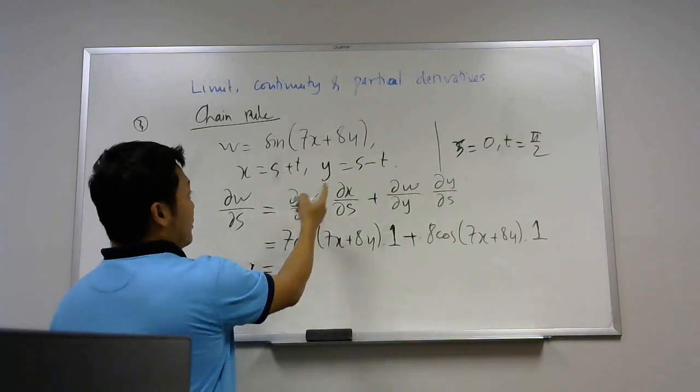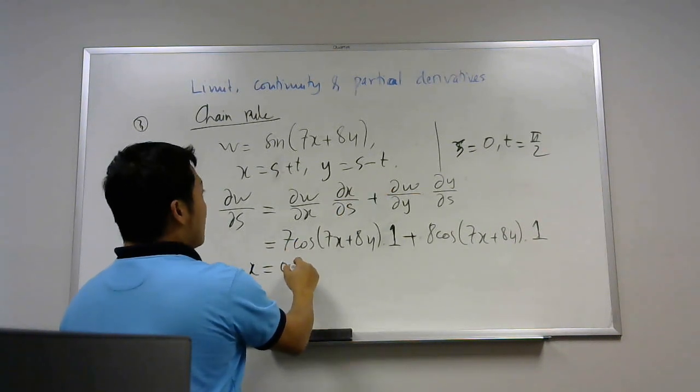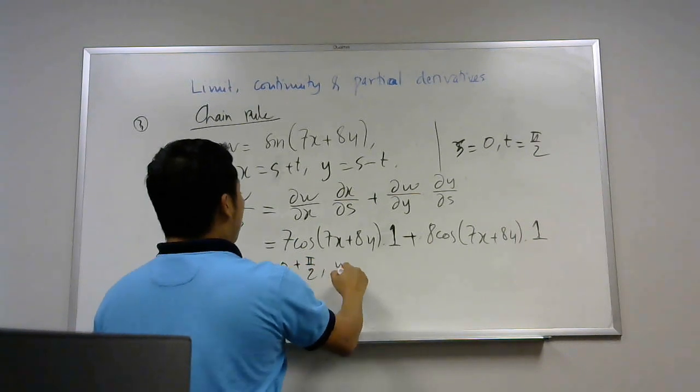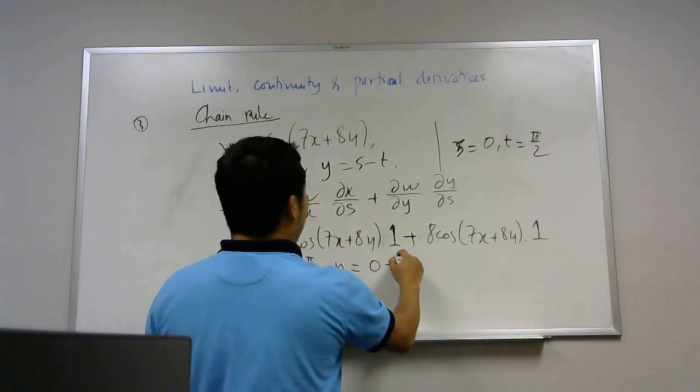Let's say x equal to 0 plus pi over 2, y equal to 0 minus pi over 2, right?